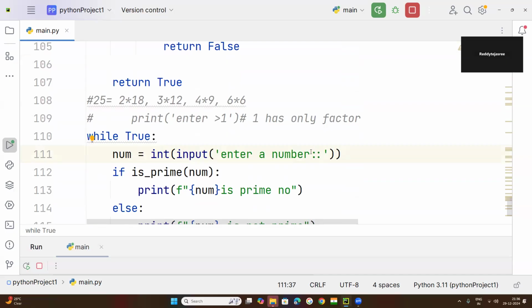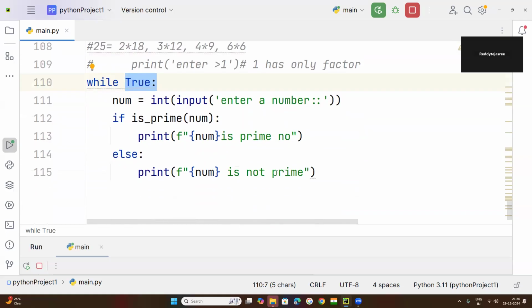User is being requested to enter a number, so that is stored in a variable. Okay, while loop used until the user doesn't want to close the loop, until the user doesn't want to leave.